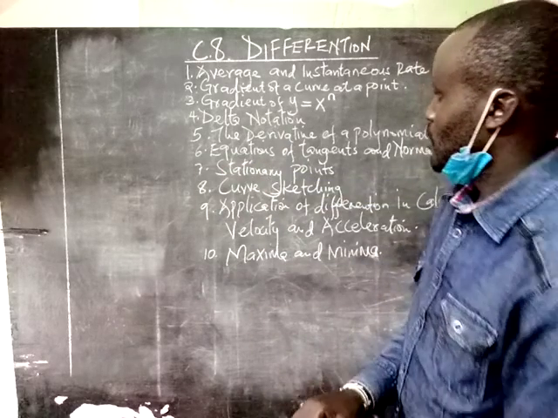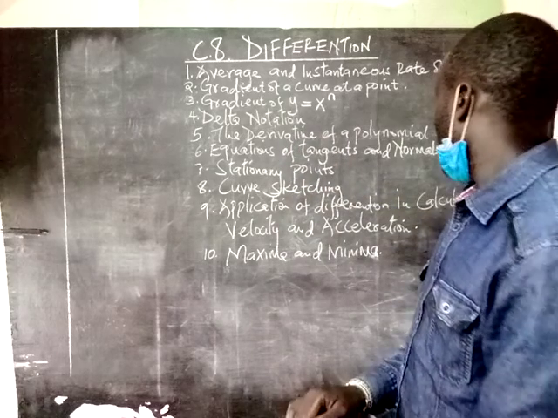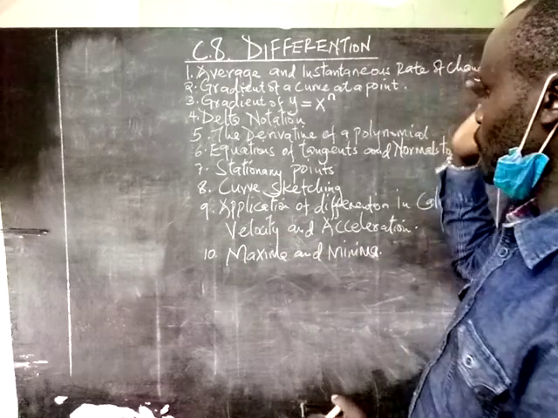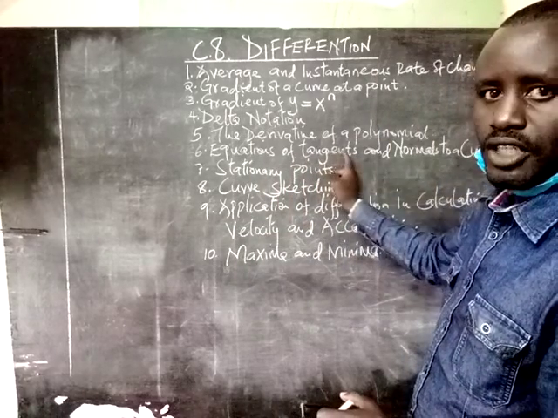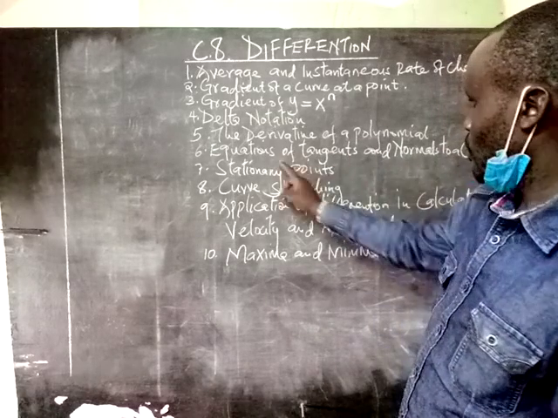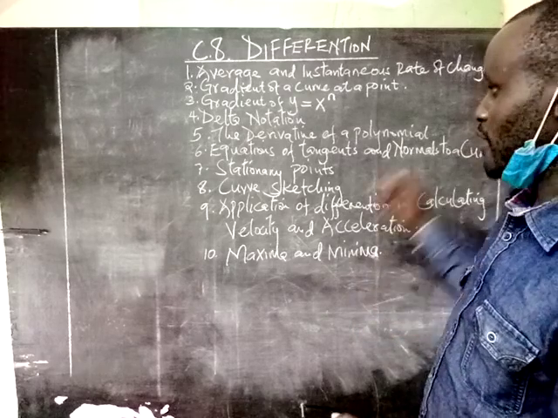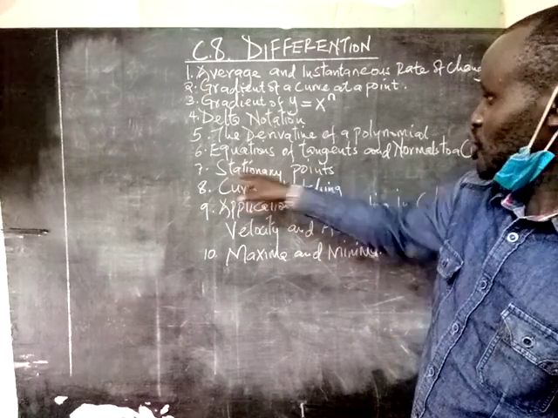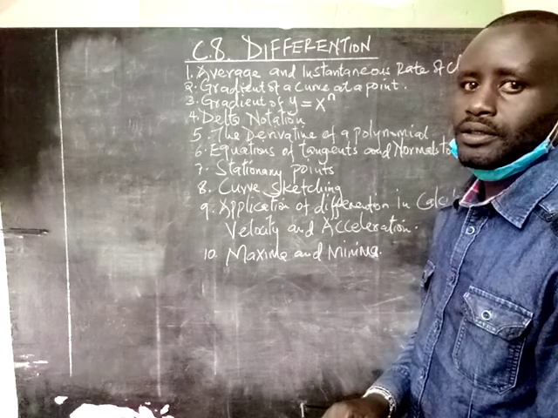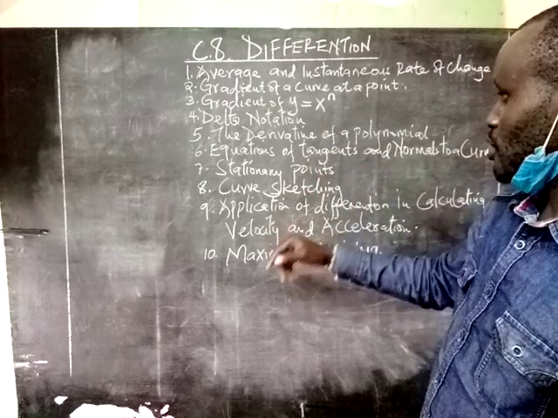Then the sixth one is going to be equations of tangents and normals to a curve. We are going to learn more about what is an equation of a tangent and what is a normal to a curve. Then we have stationary points, turning points. We are going to see about turning points in these stationary points.